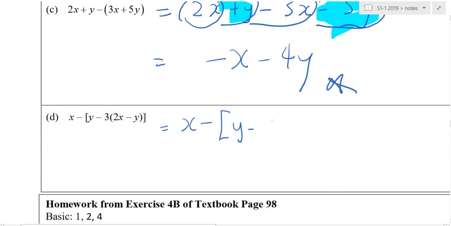What is minus 3 times 2? Negative 6x. Press the calculator. What is minus 3 times minus 1? 3. Yes, Darren?